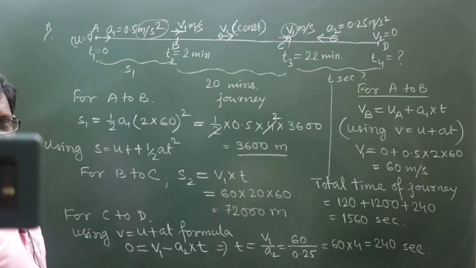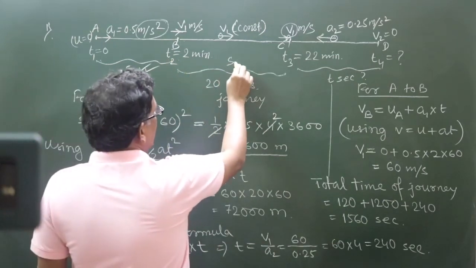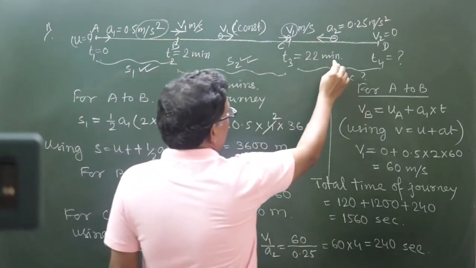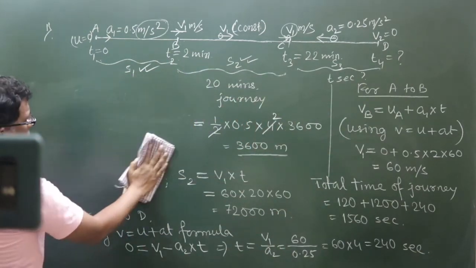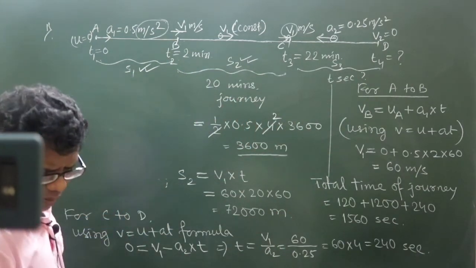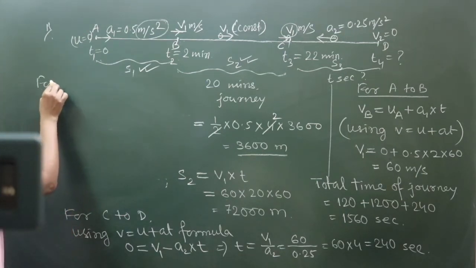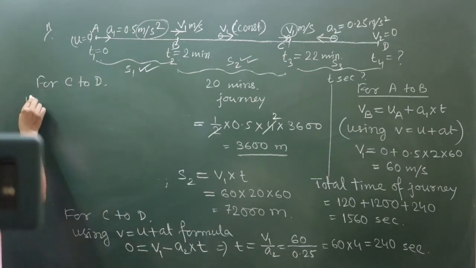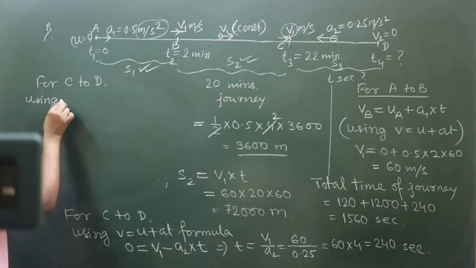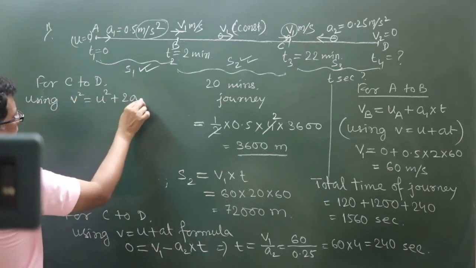Now to get the average speed, we need to know the total distance travelled. We have calculated S1, we have calculated S2. So now we need to know S3, that is the journey from C to D. Now for C to D, we can use another formula, V square equal to U square plus 2AS.